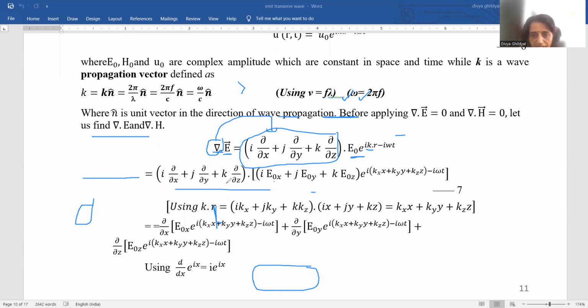Now we are opening this expression. Instead of E naught here, I will write it in the three-dimensional form as i, j and k. Similarly, here e to the power of i k·r. Instead of that, I will write it in vector form as kx x, ky y, kz z minus iωt.